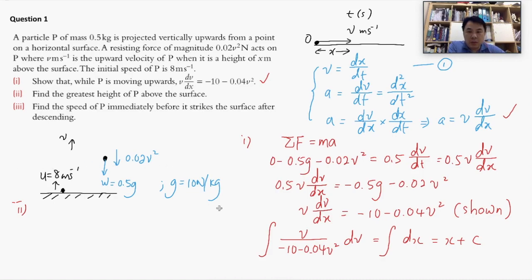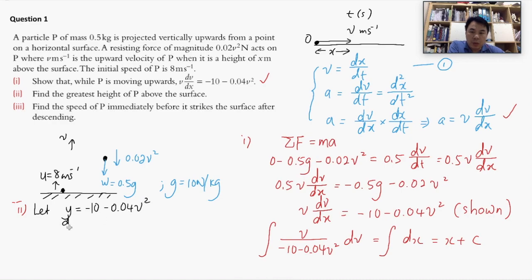So take for instance, from here, I can let y, okay, let's do y then. Let y equal to negative 10 minus 0.04 v squared.